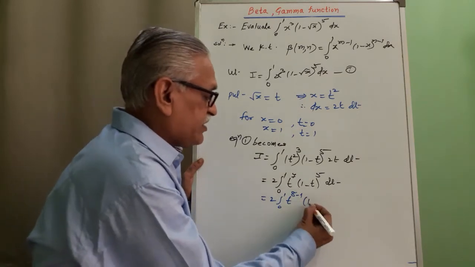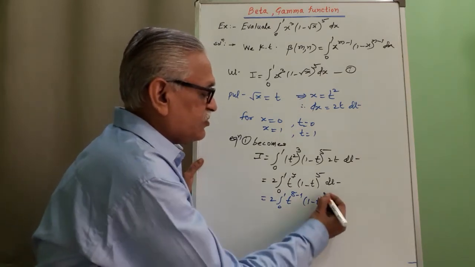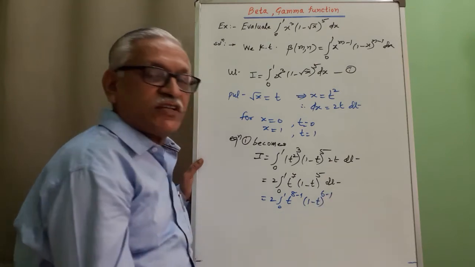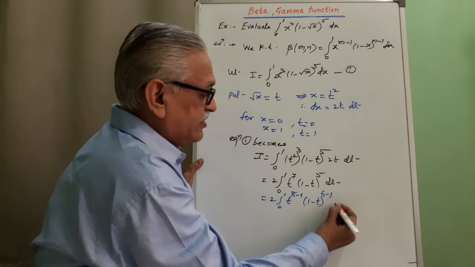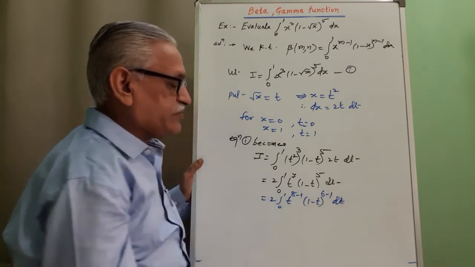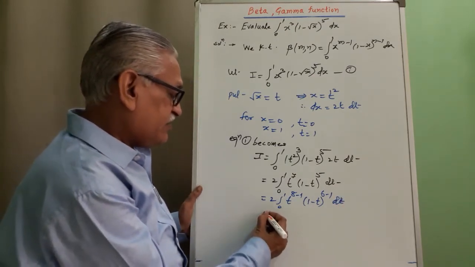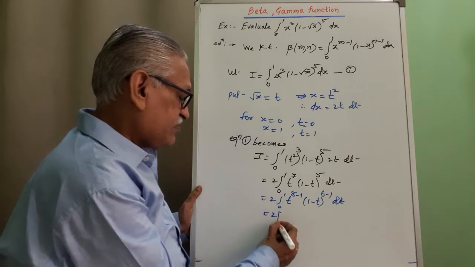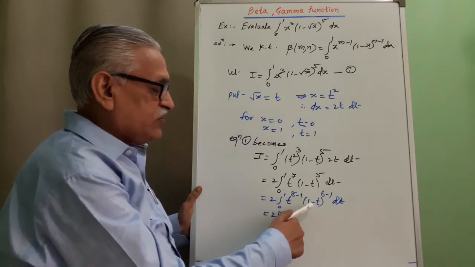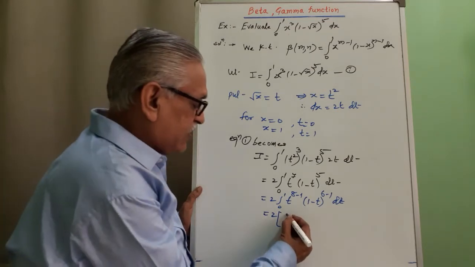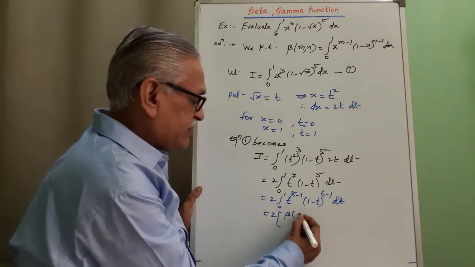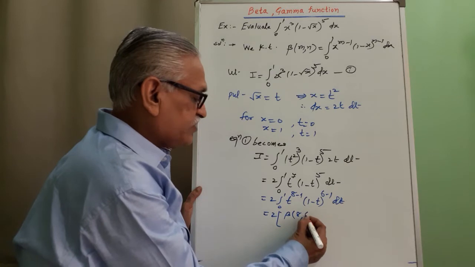And (1 minus t) raised to 5 we can write as 6 minus 1, with respect to t. Then it is 2 times x to the m minus 1, (1 minus x) to the n minus 1, which is nothing but beta of m, n, with m 8 and n 6.